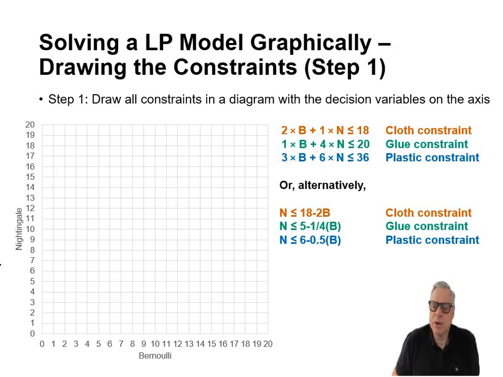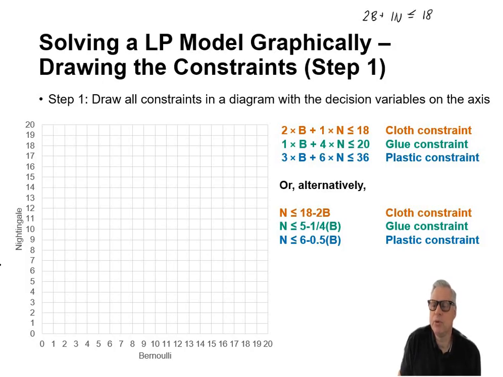And then if we do that, let's just do it for the cloth constraint. So we just say 2b plus 1n is less than or equal to 18.